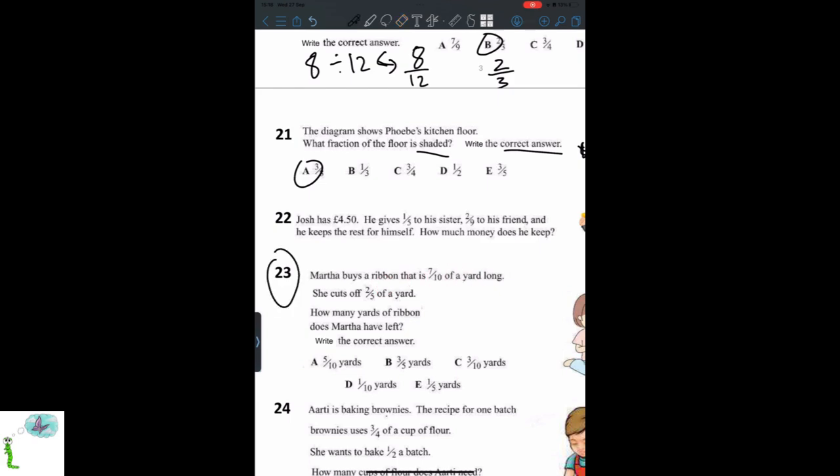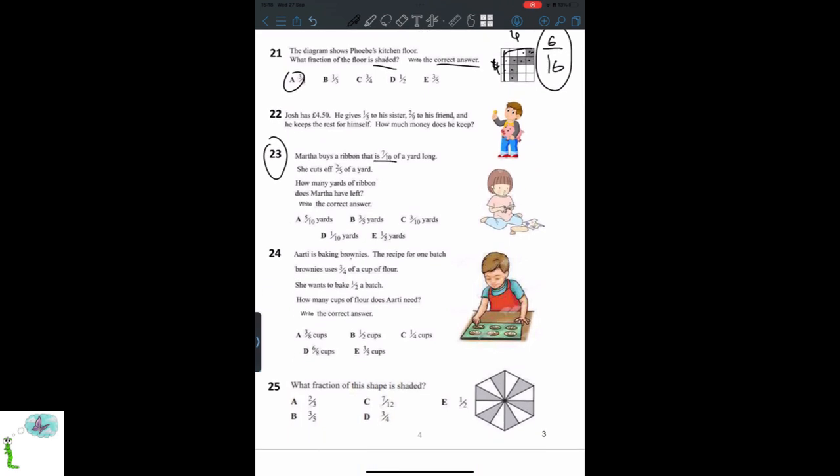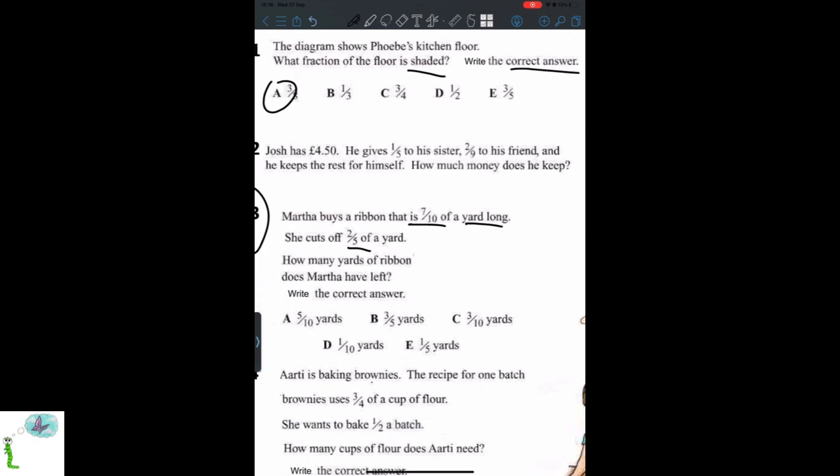Question 23. How many have we got left? Oh, only a few more. Martha buys a ribbon that is 7 over 10 of a yard long. She cuts off 2/5. So if you're cutting off, let's say 7 meters, and you're cutting off 2 meters, you're going to subtract them because you're taking 2 meters off. So it'll be the exact same if you're doing 2/5 compared to 7/10.